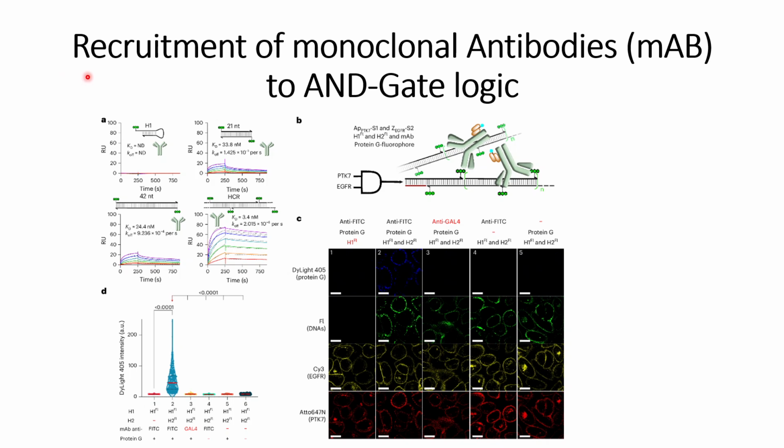In this video, we will discuss the recruitment of monoclonal antibodies to AND gate logic. So far, they have tested the AND gate logic system: that it can be specific when both biomarkers are present on the cell surface, or it can also work for single biomarkers, and it can do drug loading also.